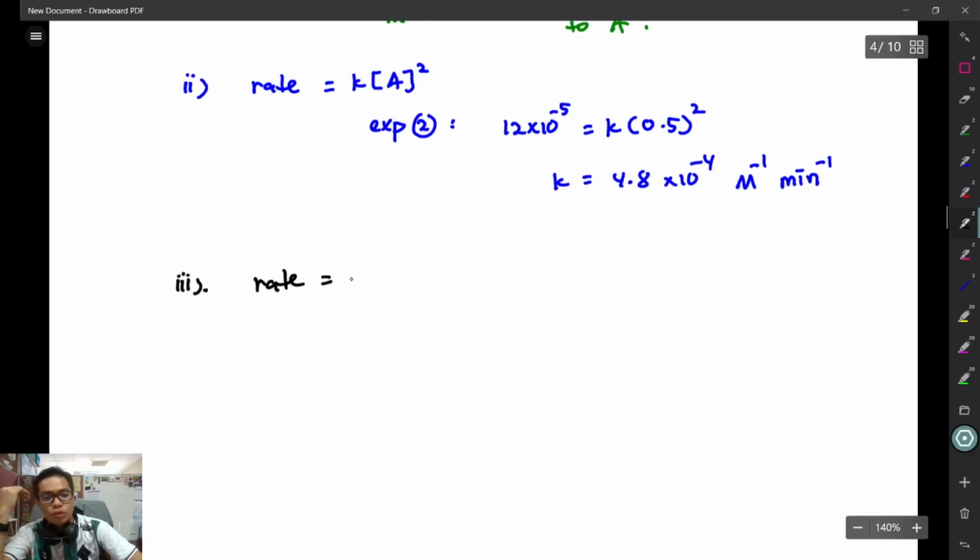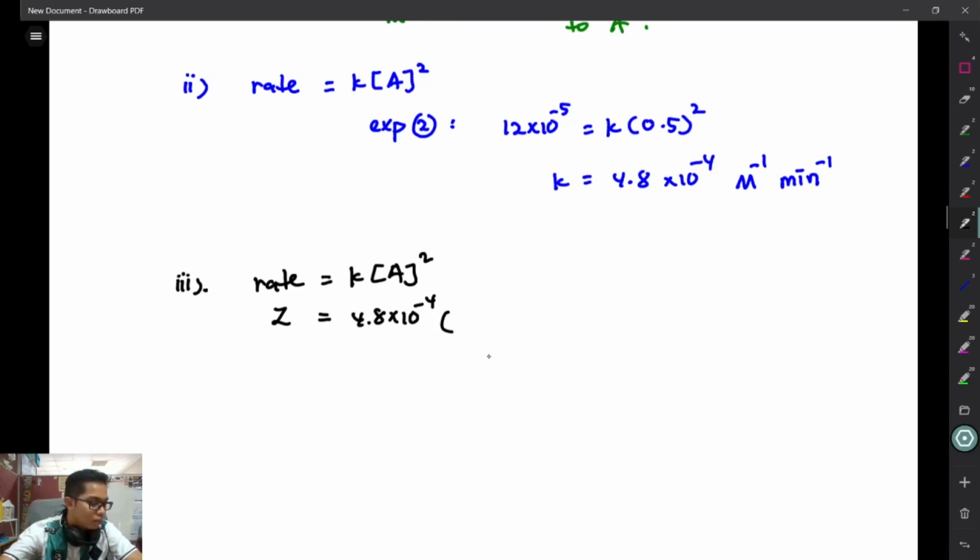Rate equal to K concentration of A squared. The rate we want to find is Z. Rate constant we just calculated, 4.8 exponent negative 4, times concentration A at experiment 3 is 1, power of 2, so basically 1 power of 2 is still 1.